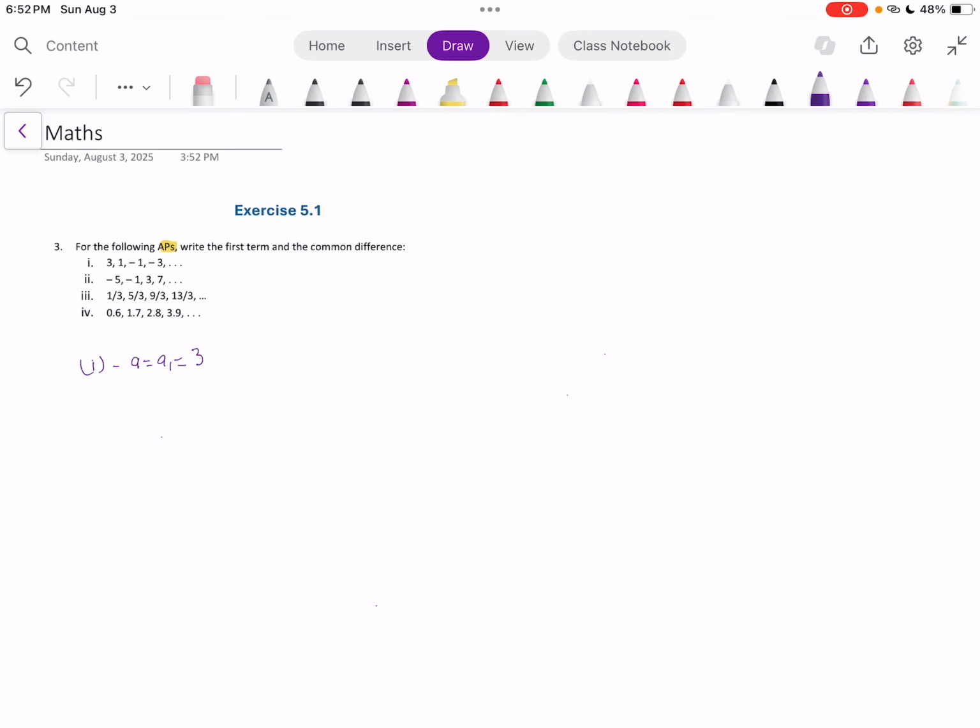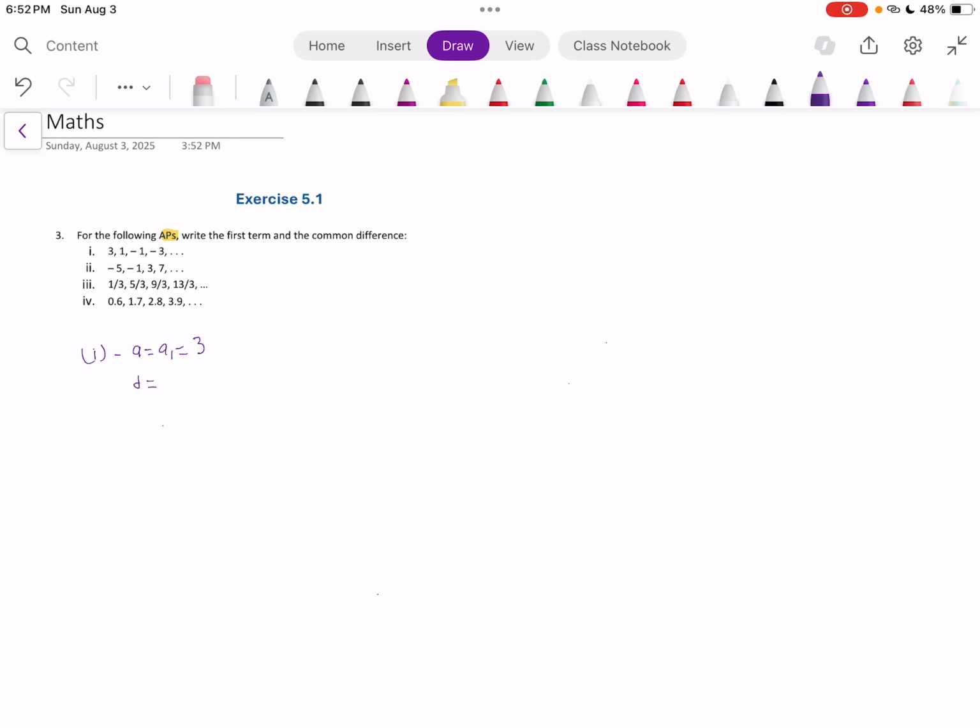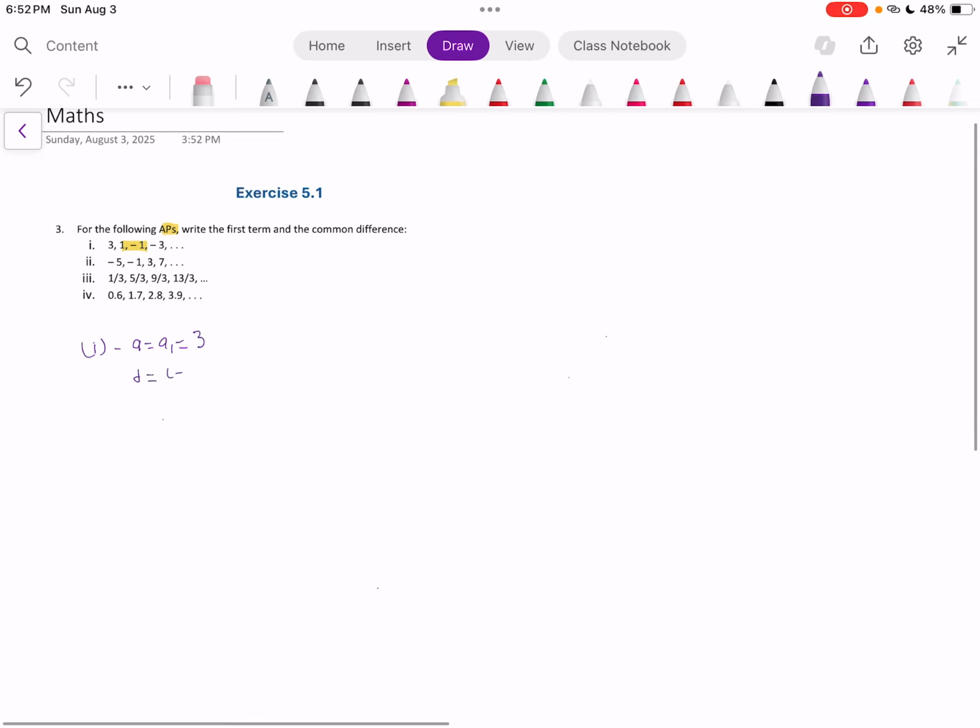So for the first one, the first term, which is A or A1, is going to be 3, and D is, you can subtract any two terms that are in a row, but we should subtract the number that is lower in sequence from the higher in sequence. So I will subtract the second term from the third term in this AP. This negative 1, 9 minus 1, so it's going to be negative 2.